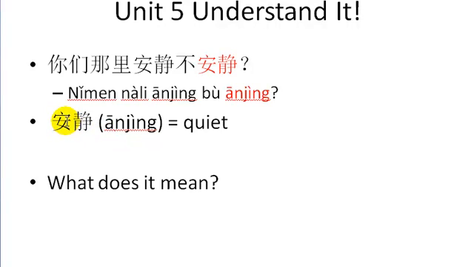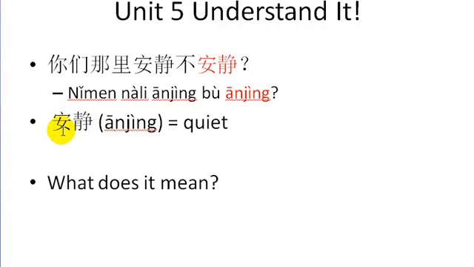This word 安 means peaceful. And it's an interesting character because this top part here means like a roof, or the roof over a house, so like a house or a home.